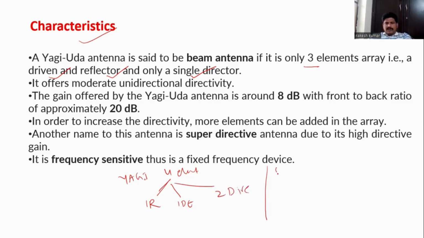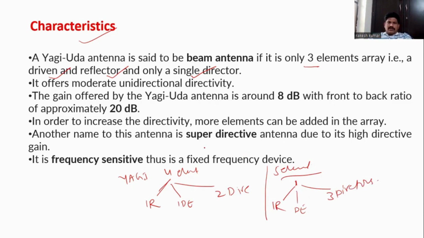If it is a five element antenna, we have one reflector, one driven element, and three directors.